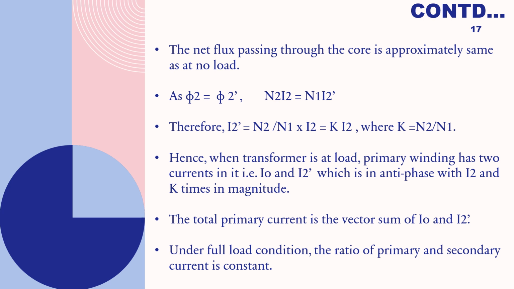Hence, when the transformer is on load, the primary winding also has two currents in it, that is I0 and I2 dash, which is in antiphase with I2 and K times in magnitude. The total primary current is the vector sum of I0 and I2 dash. Under full load condition, the ratio of primary and secondary current is constant.